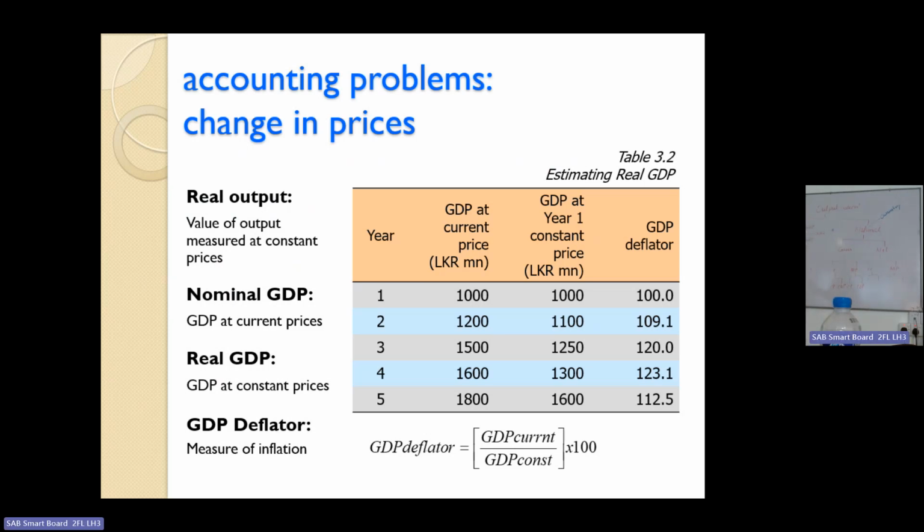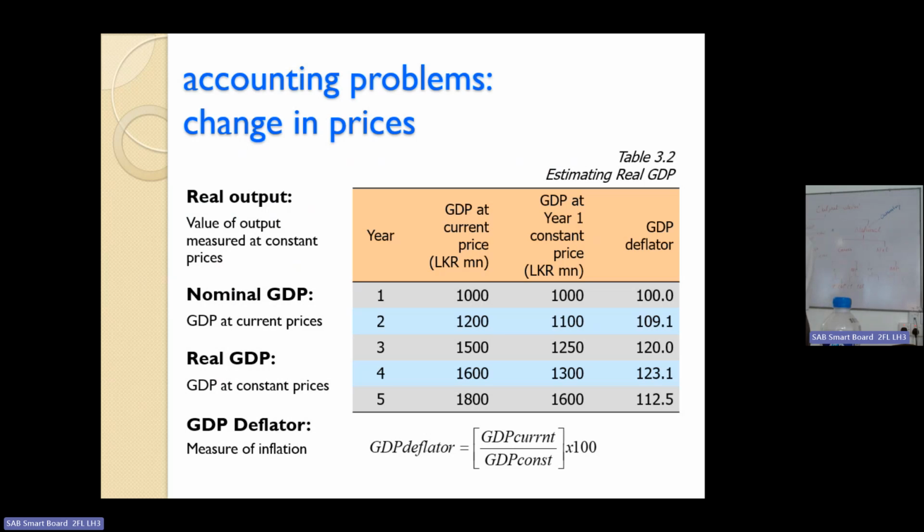How do we calculate the constant GDP? Real GDP is nominal GDP divided by the GDP deflator, into 100. So that is the real GDP, or constant GDP.